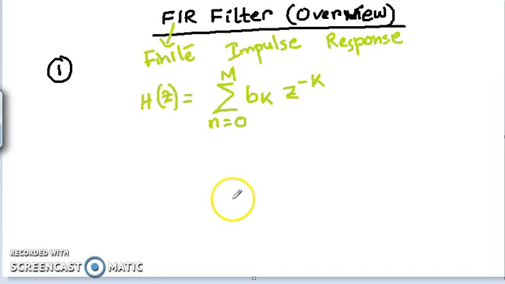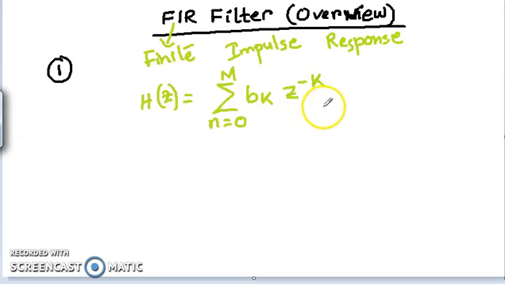We have discussed this, and here we know that only the zeros are present here, no poles.